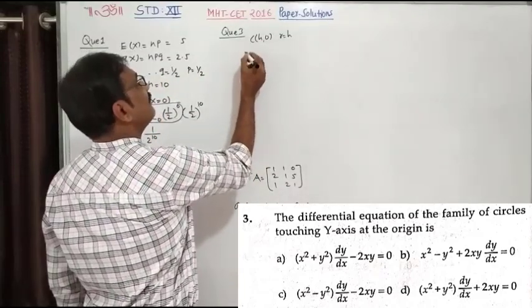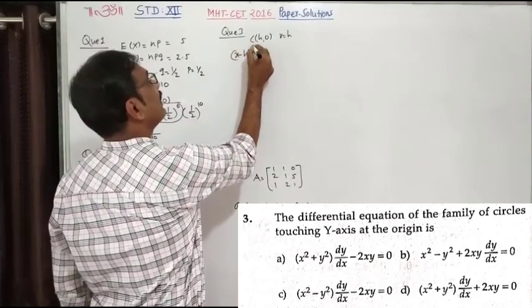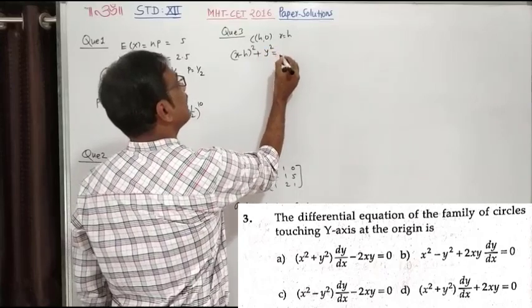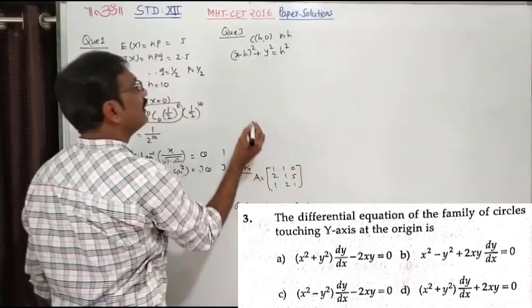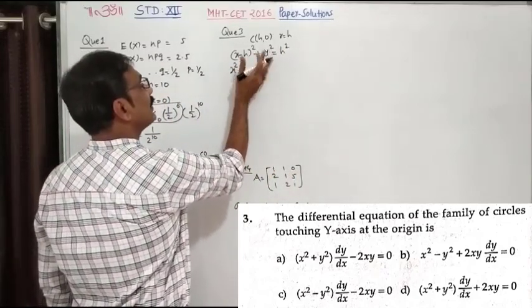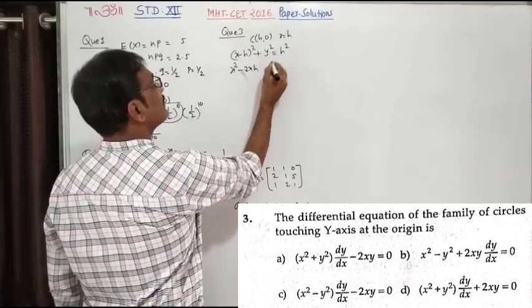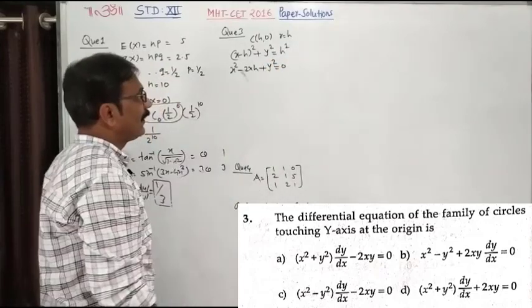By the center-radius form, your equation of circle is (x minus h) square plus (y minus 0) square is equal to r square, which means h square. If you expand this, your answer is x square minus 2xh, h square is cancelled, plus y square equal to 0.